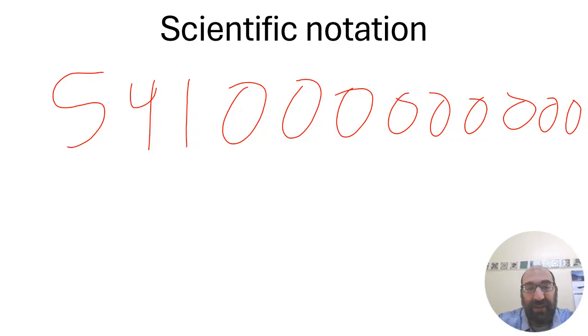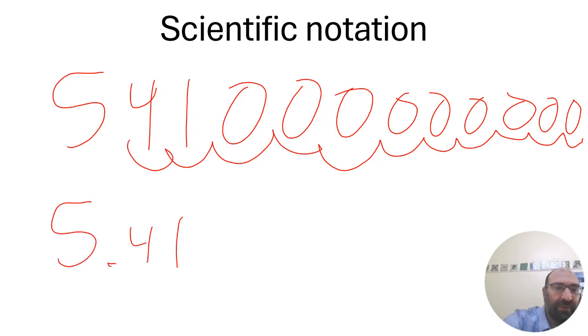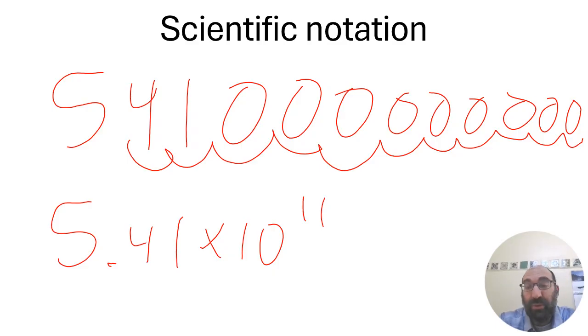I'm going to count down from 5, and then I'm going to do it. We're going to pretend the decimal is here. We're going to go 1, 2, 3, 4, 5, 6, 7, 8, 9, 10, 11. So 5.4 times 10 to the 11th. That's what you do with big numbers.